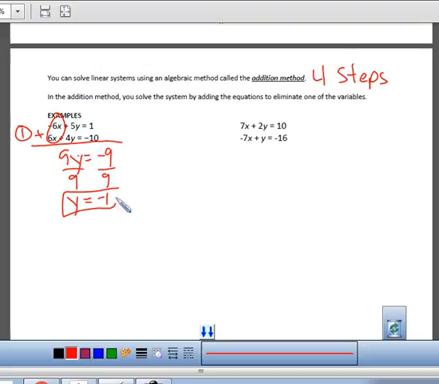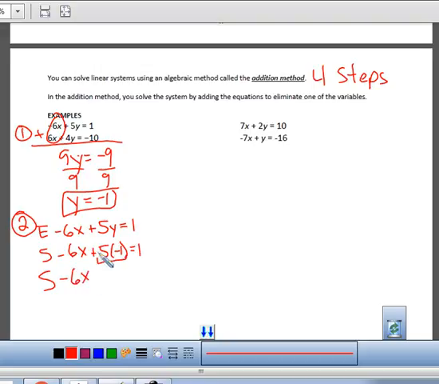So there's step 1. Step 2, now that we know what y is, we can use it to find x. So I'm going to use my ESS strategy. I'll use the first equation for this, negative 6x plus 5y equals 1. I'm going to substitute my negative 1 in for y. Negative 6x plus 5 times negative 1 equals 1. And then I'm going to figure out what x is. So negative 6x, so I have plus negative 5 equals 1.